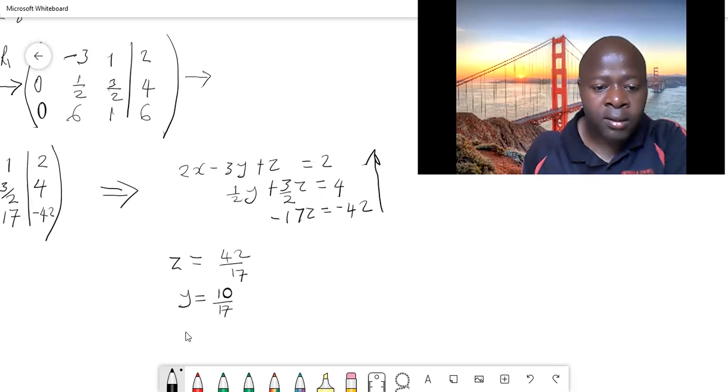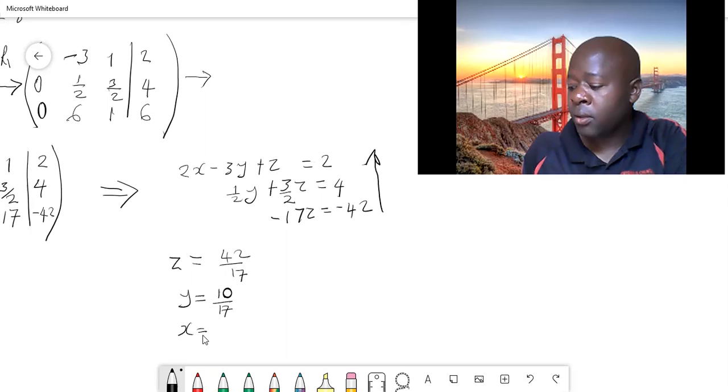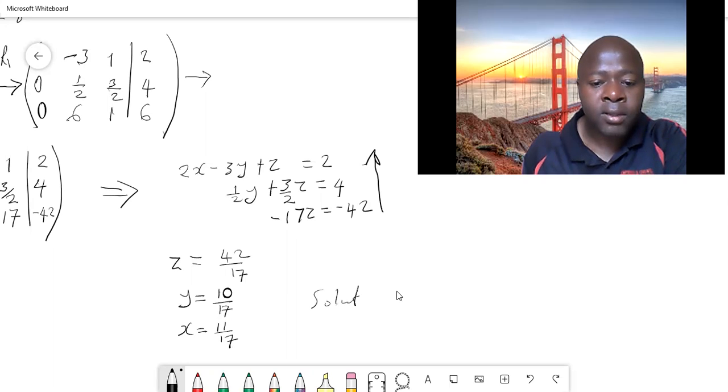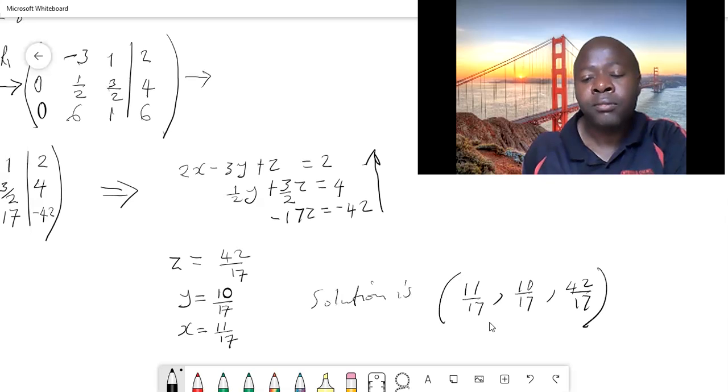And then x would be 11 over 17. So our solution is 11 over 17, 10 over 17, and then 42 over 17. That would be our solution to that system.